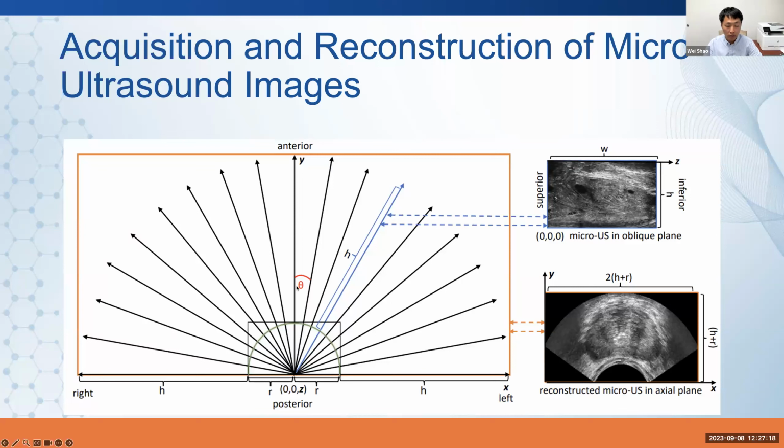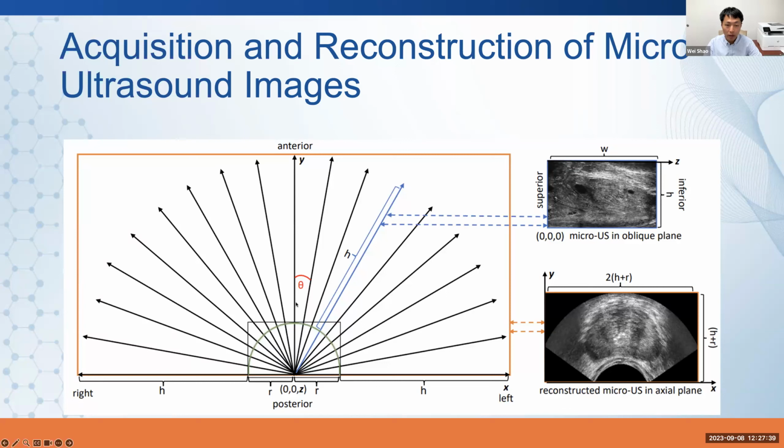This is not that exciting, but the conclusion is that to reconstruct the axial slice, you reconstruct the intensity value for each point in this axial plane. We first need to identify which 2D micro-ultrasound slice contains this point.